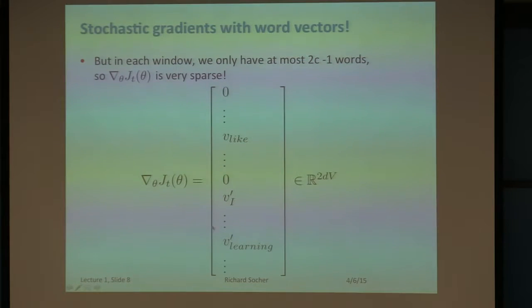So for the very first window that we looked at, where we had the sentence "I like learning," and we looked at the window with the center of "like," and we updated the v primes of "I" and "learning," this will be a very, very large, very sparse vector. And of course now, if you wanted to compute a lot of those and you add a lot of zeros that really don't do anything for you, it's a very costly thing to do.